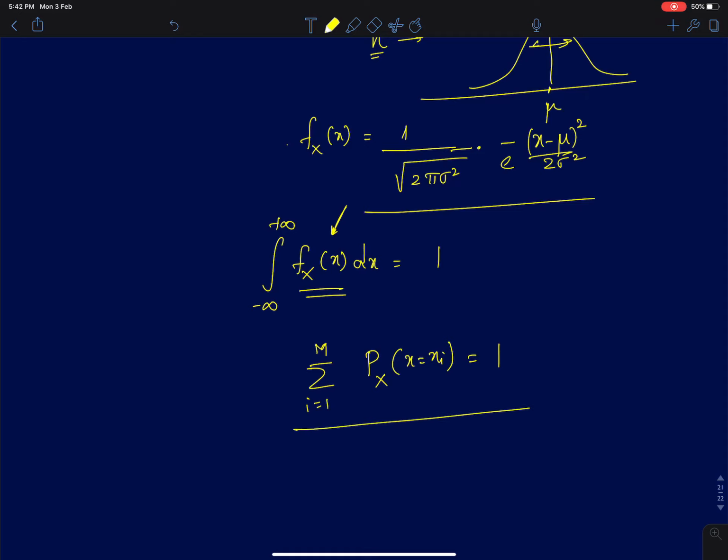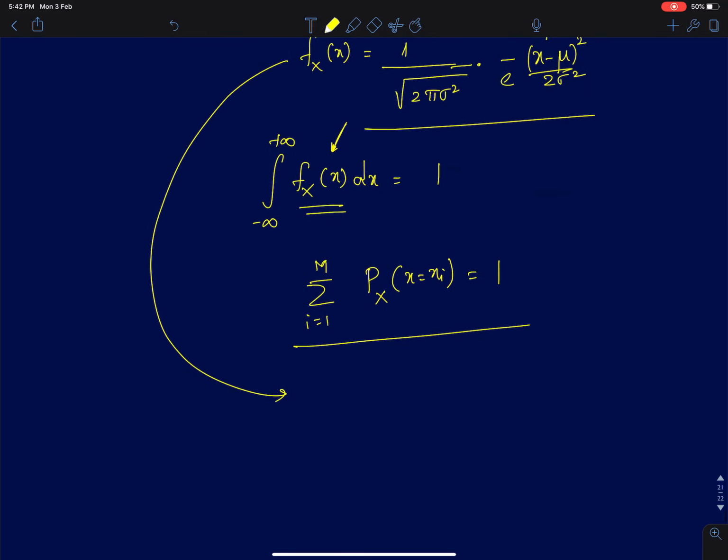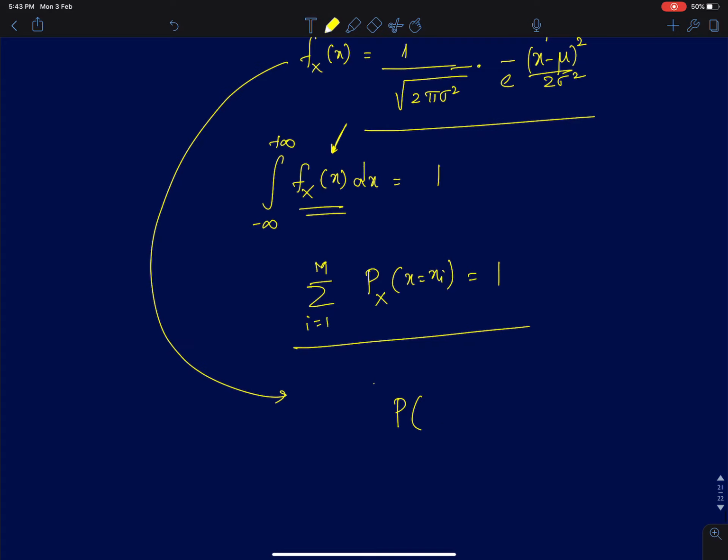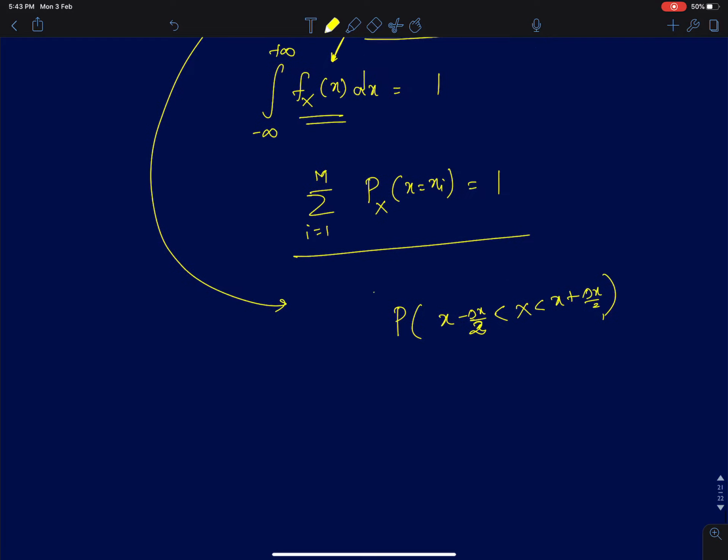So this is a continuous random variable, and for a continuous random variable the point values make no sense. If I ask you what is the probability that x lies in the range x minus delta x by 2 to x plus delta x by 2, you simply have to integrate from minus delta x by 2 to plus delta x by 2 and find the value.